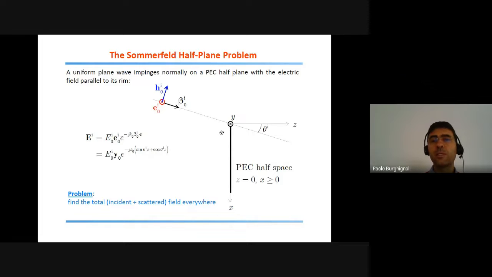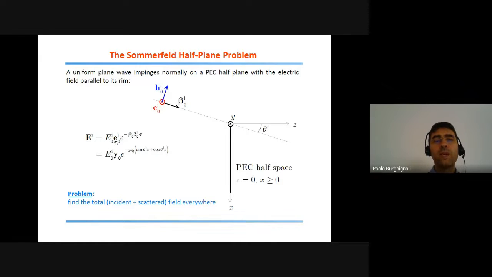As you can see, the x-axis runs along the perfectly conducting half plane, whereas the z-axis is orthogonal to such a half plane. The incident angle is defined with respect to the z-axis, and it's indicated with the symbol theta I, so that we can write down the electric field for the incident wave, as you can see here, as a complex amplitude, E0I.